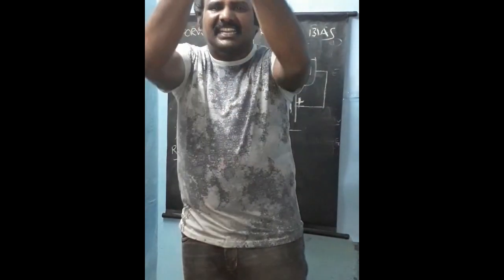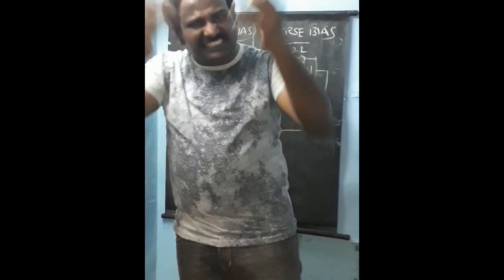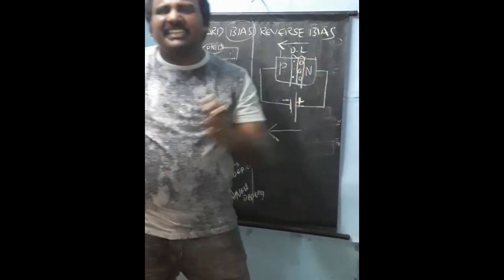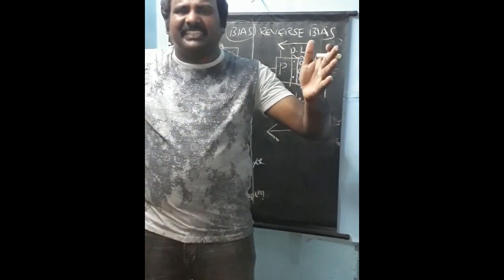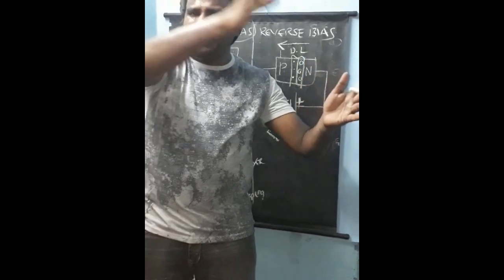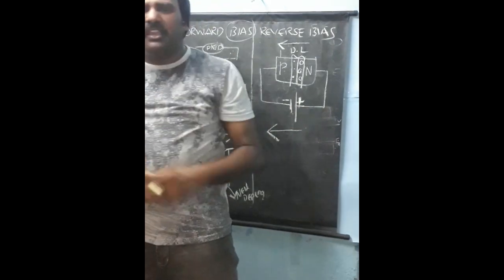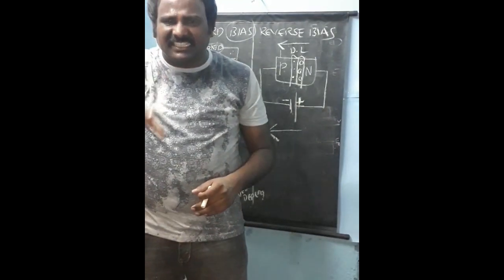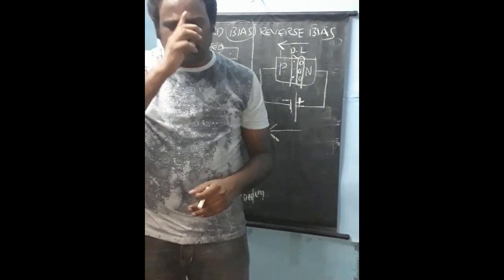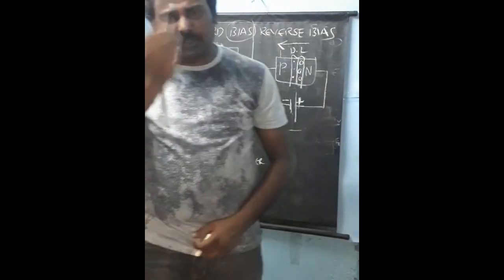If the electric field increases, the potential barrier increases. The depletion layer increases. If the depletion layer increases, charge carriers from P cannot move into N, or charge carriers from N cannot move into P. So the current decreases. Minimum current is produced. Very small current is produced.